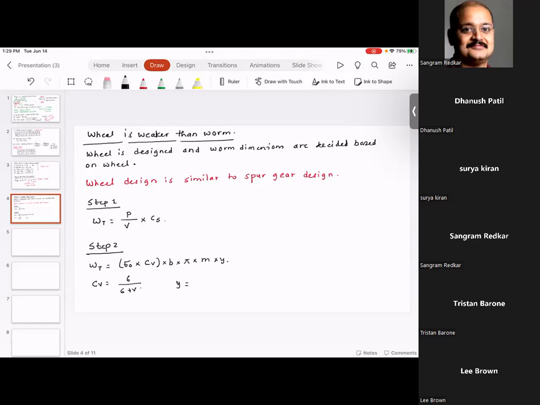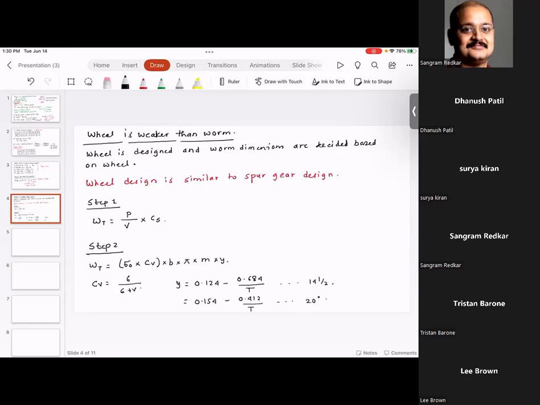The value of Y is 0.124 minus 0.684 divided by the number of teeth on the wheel, for pressure angle 14.5, and 0.154 minus 0.912 divided by T for a pressure angle of 20 degrees.